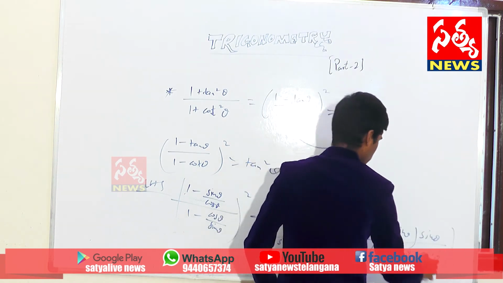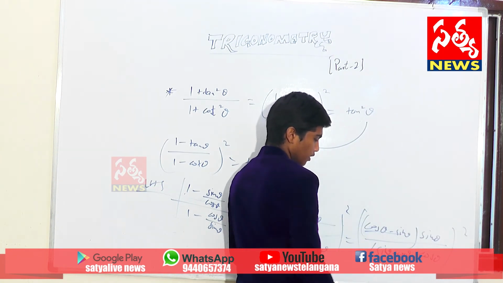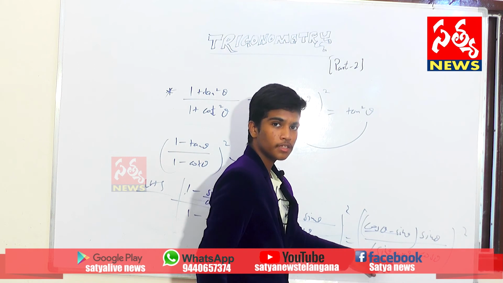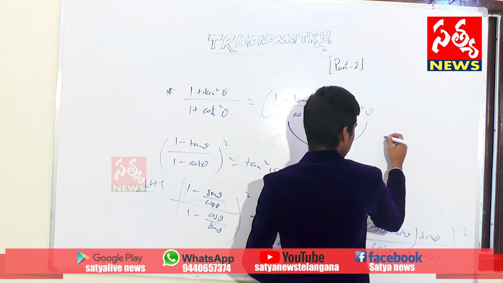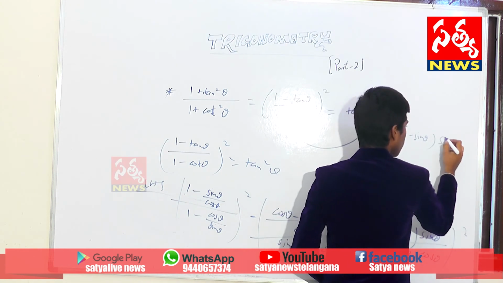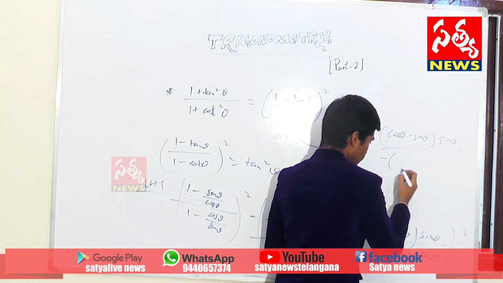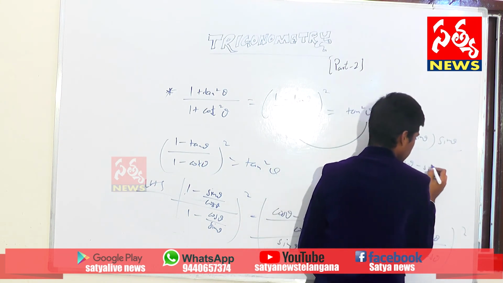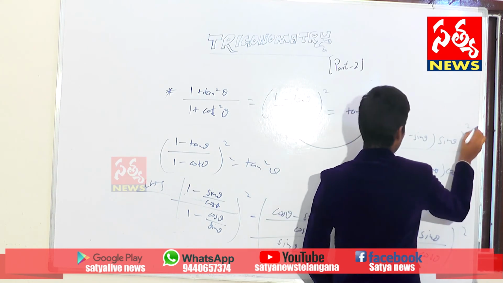See here, there is a small difference which is minus. If we take minus common here, we get (cos theta minus sin theta) into sin theta, and by taking minus common in the denominator we get (cos theta minus sin theta) into cos theta, whole square.